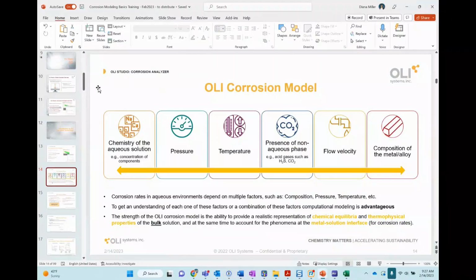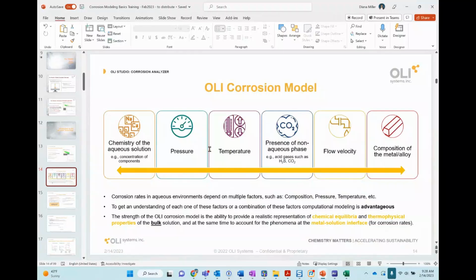The main one is the chemistry of the aqueous solution. If you have chlorides, for example, the concentration of chlorides is going to affect the corrosion rates, or even the localized corrosion damage. Depending upon how high the pressure is, or what components you have, the pressure can play an important role on solubilities for components in the water.